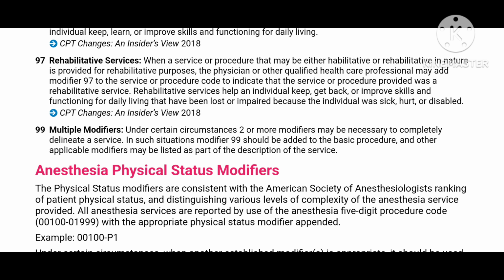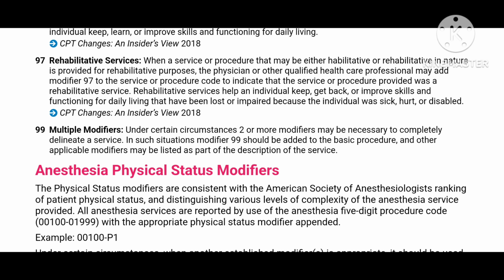But before that, I can report this modifier 99 to say that I am going to use multiple modifiers. So modifier 99 will be added to the basic procedure, and after that you can report the applicable modifiers. It can be 22, 50, whatever it is, but before that you report modifier 99. That is for multiple modifiers.